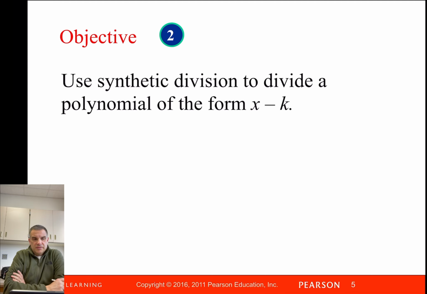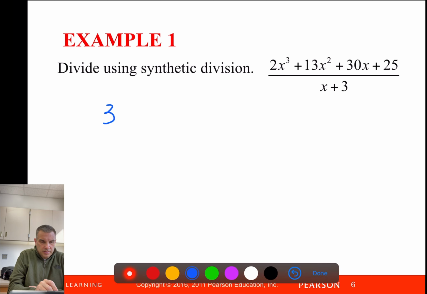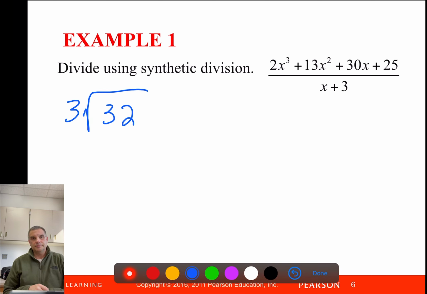Really our first objective then is going to be to use synthetic division to divide polynomials in the form x minus k. So we're going to use what we call synthetic division to divide this polynomial. Now you remember kind of long division from elementary school. Say you had something like 32 divided by 3.